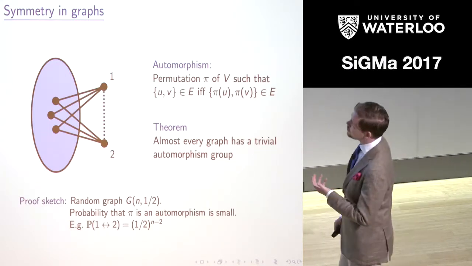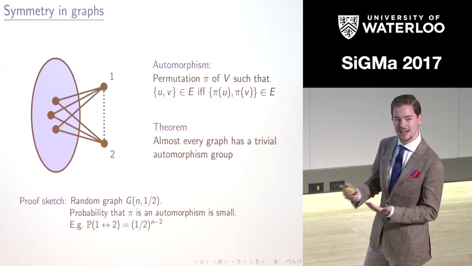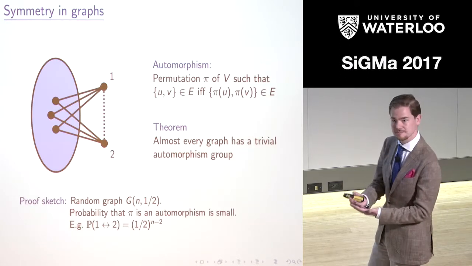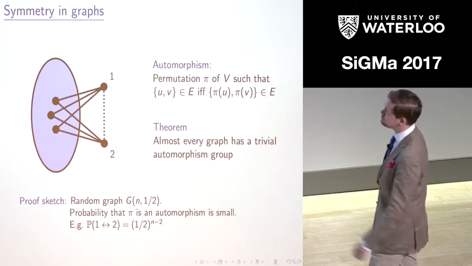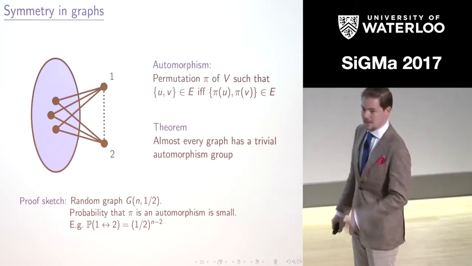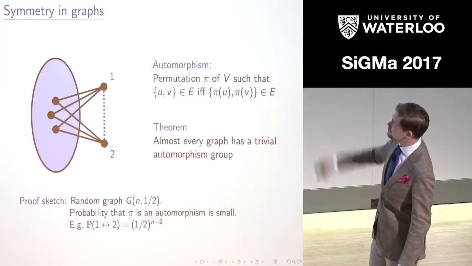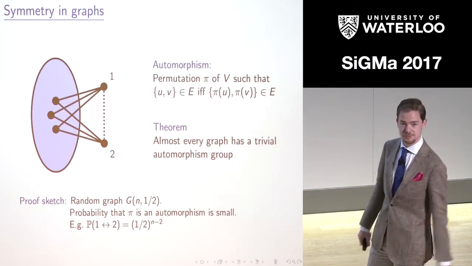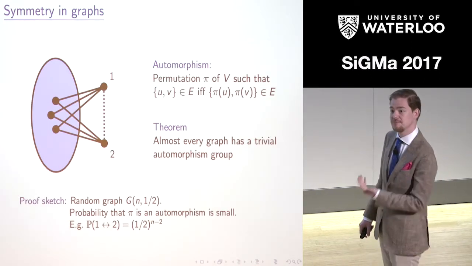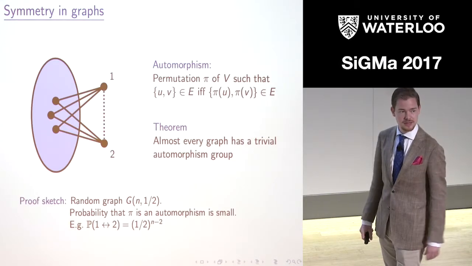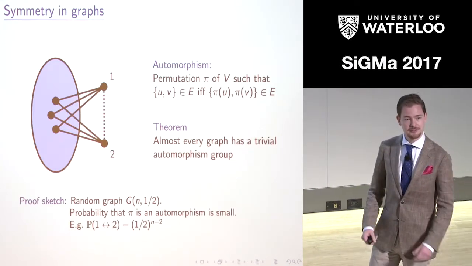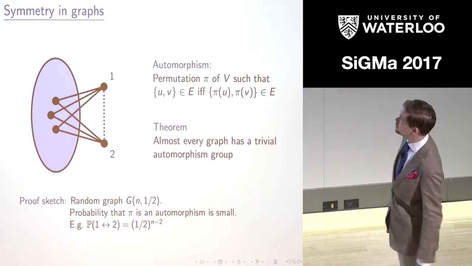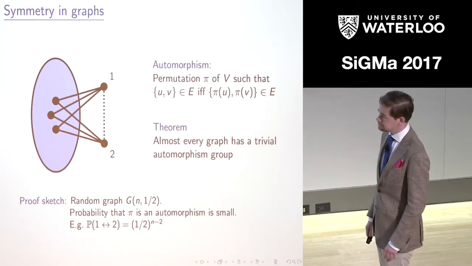So swapping 1 and 2 is an automorphism precisely when 2 has the same neighbors as 1 has. And this edge 1, 2 may or may not be there. So that way you can compute the probability that this is actually an automorphism of the graph. And you can do that for every candidate automorphism that you may be interested in. And by summing up all these probabilities, you get a very nice upper bound, which proves the theorem over there.